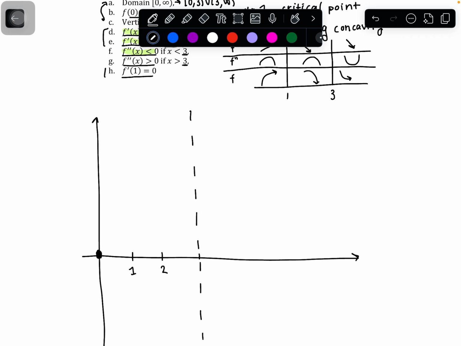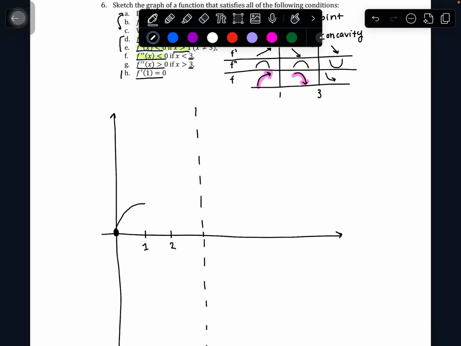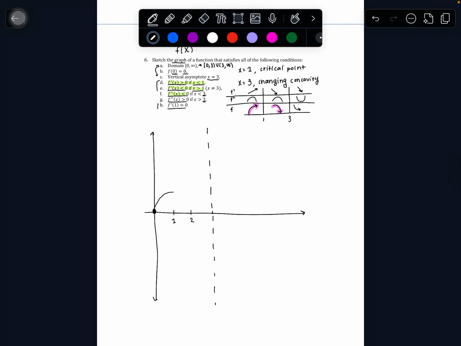So from 0 to 1, maybe we just have something like that, right? Just taking that directly from the chart that we made. Now from 1 to 3, we have this guy here, and we have an asymptote, so why don't we just connect what we just drew and draw in that shape that we have to be something like that.